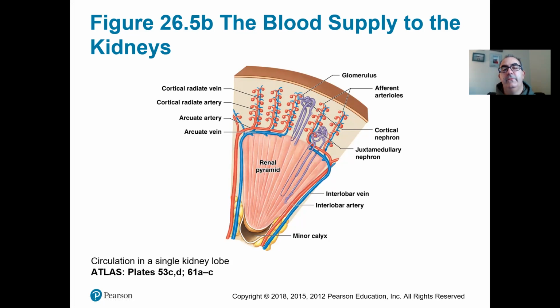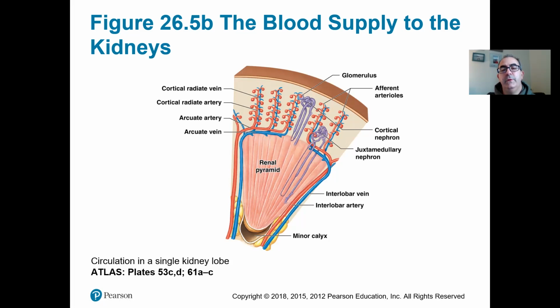Once the blood has been filtered, once it's quote unquote clean, it travels back through these blue veins. So cortical radiate veins, arcuate vein, interlobar vein, back to the segmental vein, back out through the renal vein.